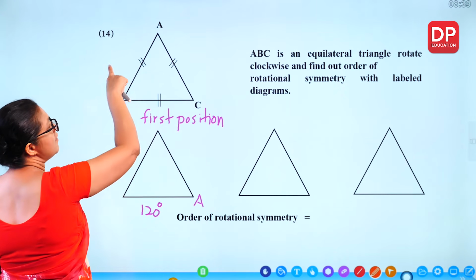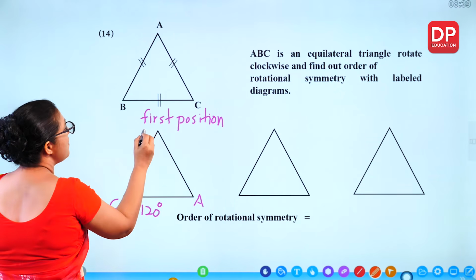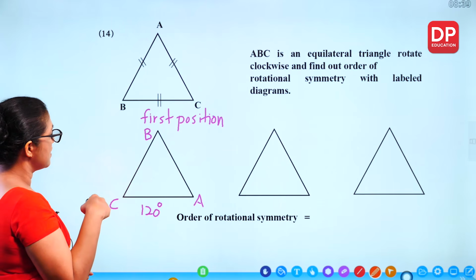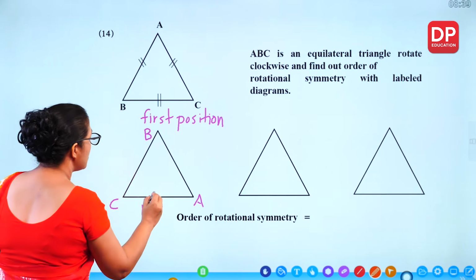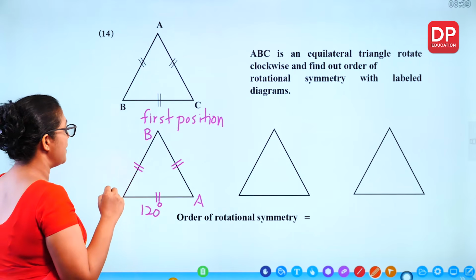Here we are rotating clockwise. So C here, B here. So A, C, B like this. As all sides are equal, you get the same shape again.